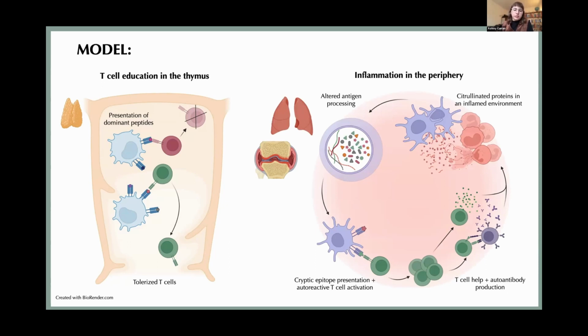We can then present these cryptic peptide repertoires on the surface of these cells, which may lead to autoreactive T cell activation, which we hypothesize provides T cell help to B cells and leads to autoantibody production, in this case ACPAs, which then participate in this pathogenic feed-forward loop, leading to more inflammation and causing RA pathogenesis.